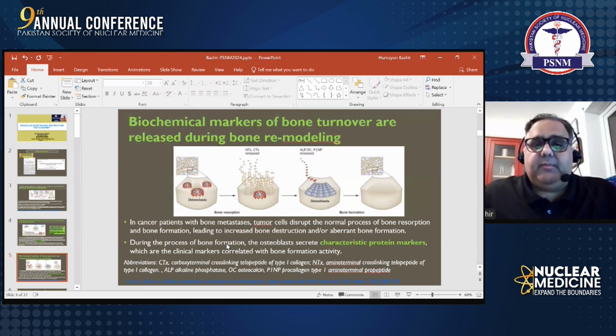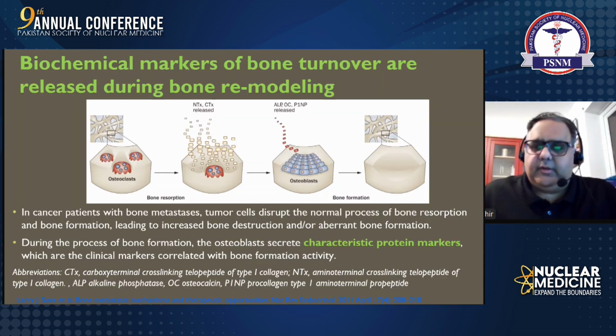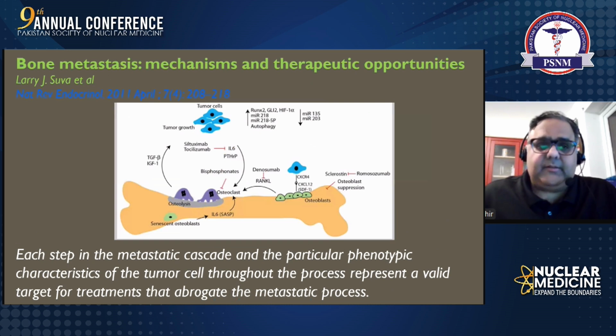Now the biochemical markers are different for osteoclastic and osteoblastic bone turnover. They are released during this bone remodeling, osteoclastic as well as osteoblastic activity, and that develops into the different types of metastasis.